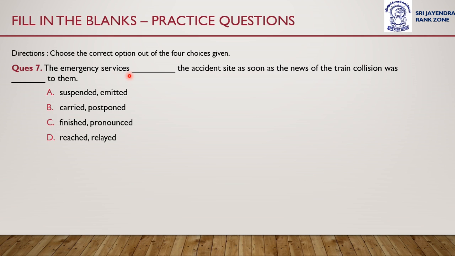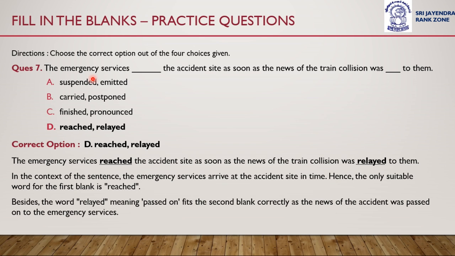The emergency services dash the accident site as soon as the news of the train collision was dashed to them. What do you think is the correct answer? The correct option would be option D, reached or relayed.